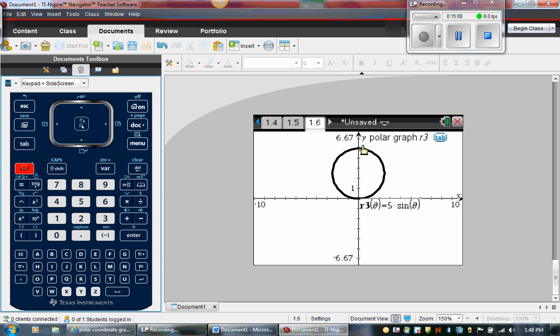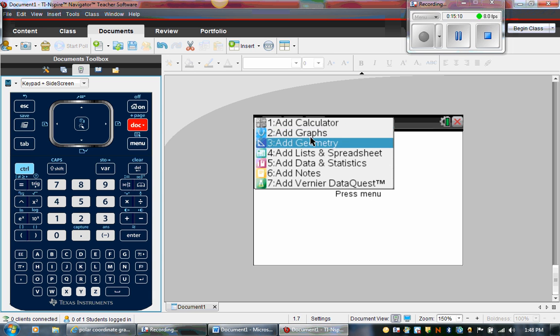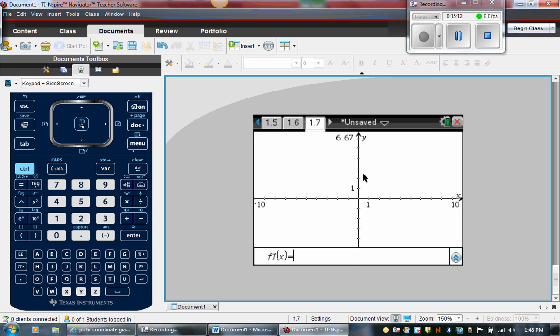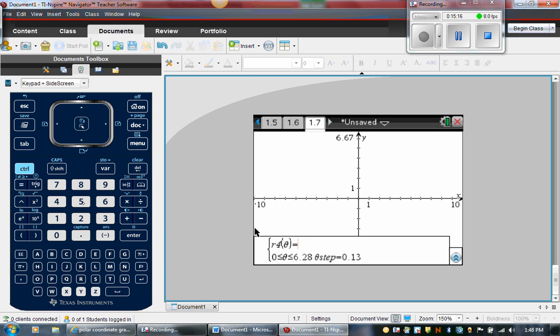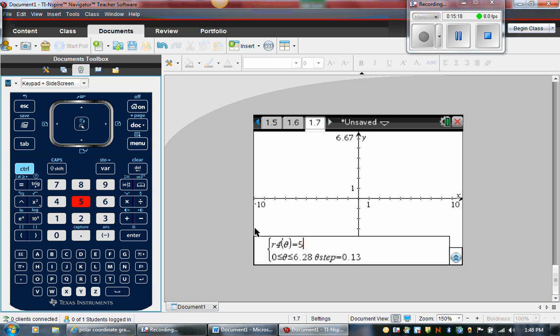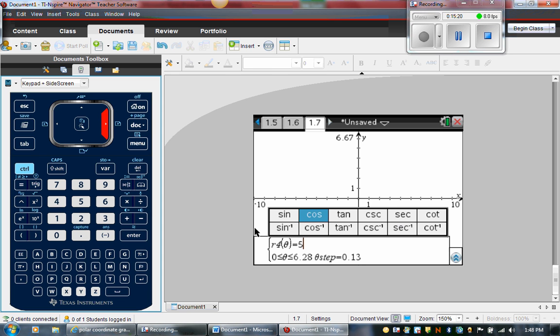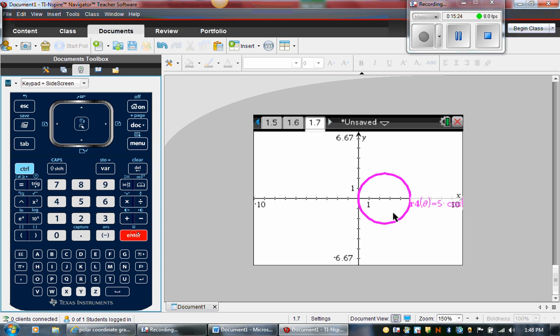Alright, let's take a look at another one here. Graph a polar equation. Let's take a look at 5 cosine theta. Five cosine theta is still a circle, but this time it's been shifted to the right.